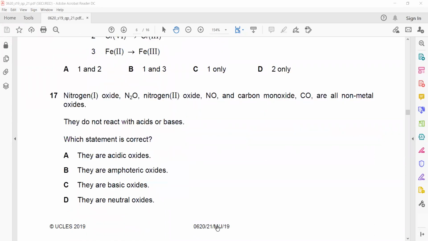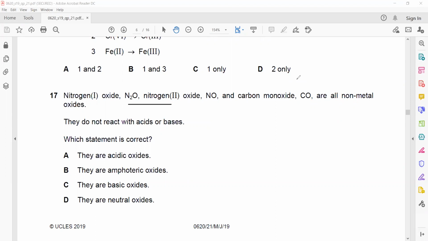Question 17. Nitrogen oxide, nitrogen dioxide, and carbon monoxide are all non-metal oxides.